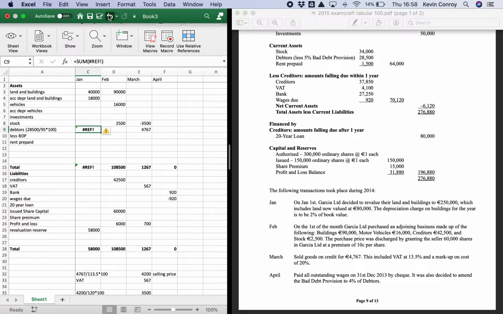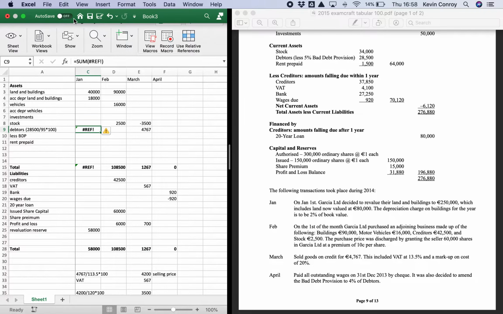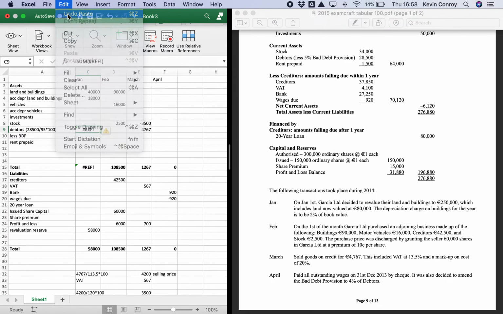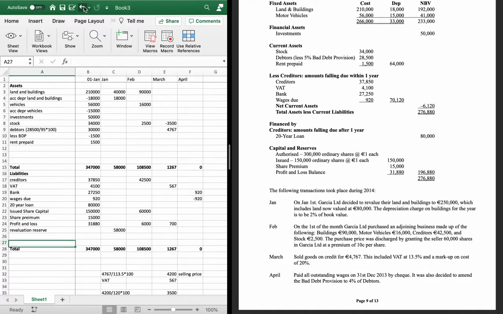Sorry. Oh God, what have I done here? Okay, so as we started, debtors were 30,000, and then there's another 4,767. So we have to find 4% of that.